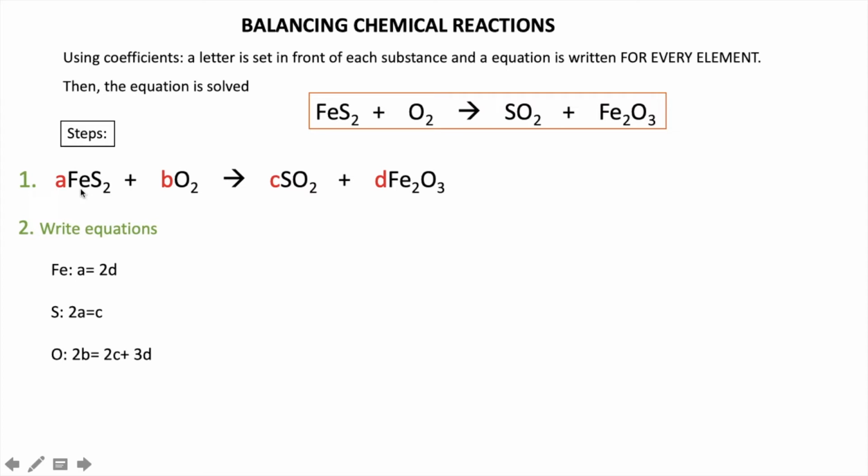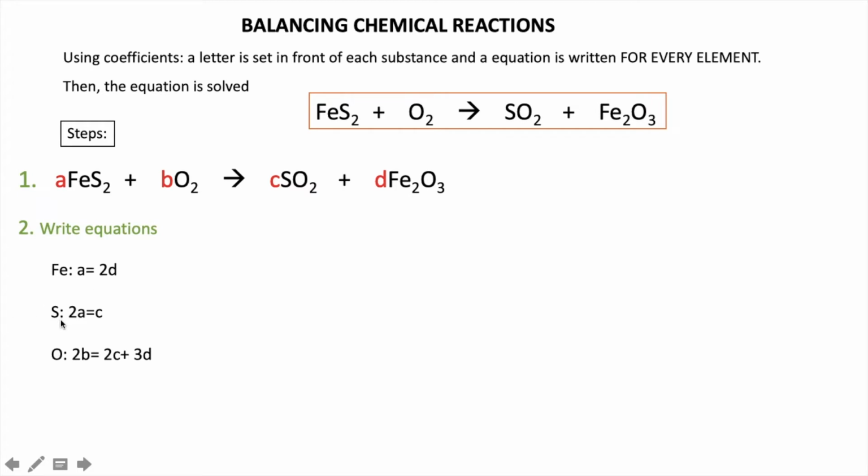We start from the beginning. In letter A we have iron, yes. So we put 1A; like in maths, the number 1 we don't write. So A, nothing in B, equal to nothing in C, and 2D. So we write A is equal to 2D for iron.